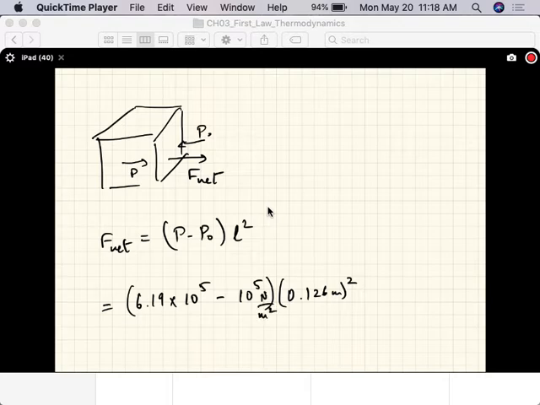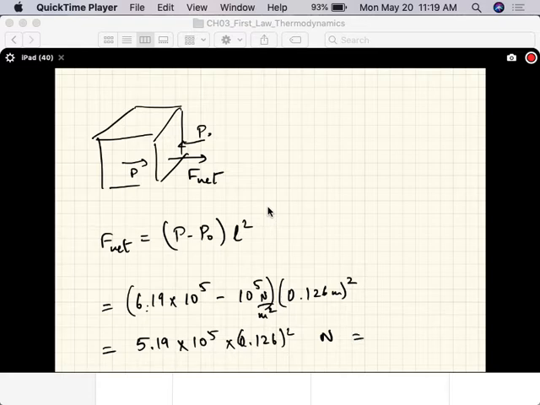So that works out to newtons. Okay, so this is 6.19 minus 1 is 5.19. Okay, so 5.19 into 10 to the power 5 into 0.126 squared newtons.